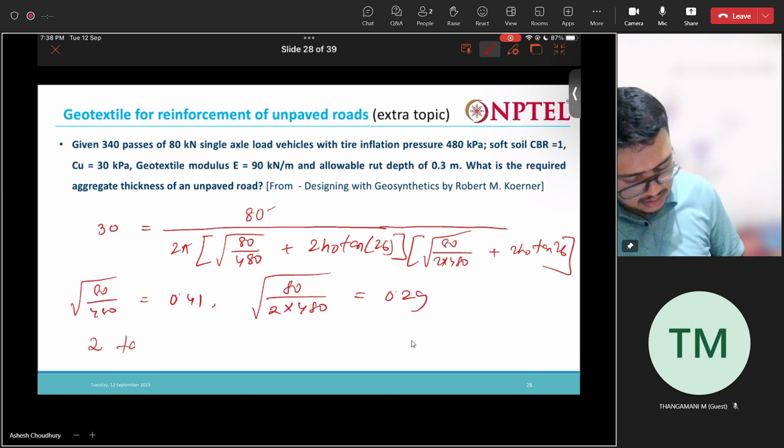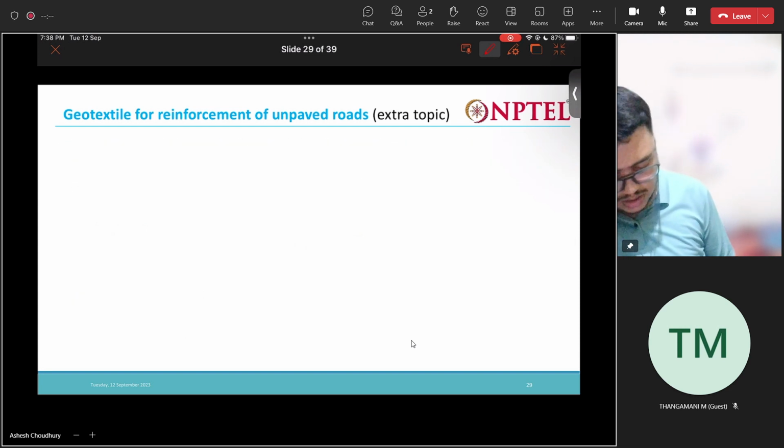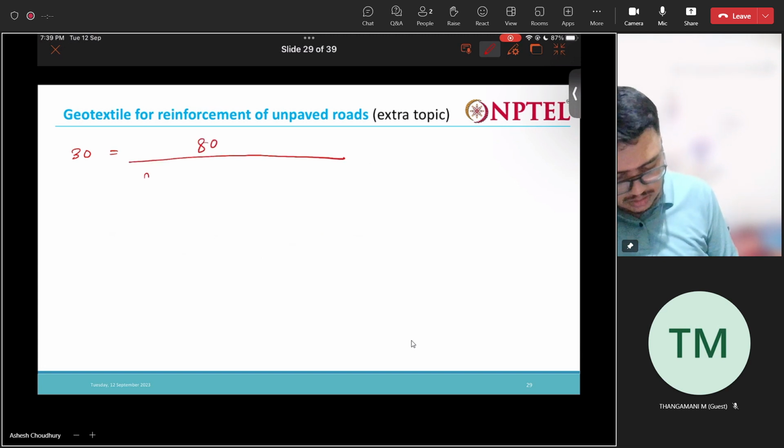Tan 26 comes out as 0.49. So finally it becomes 30 is equal to 80 by twice by 0.9.